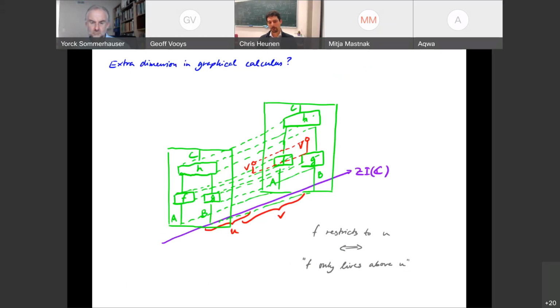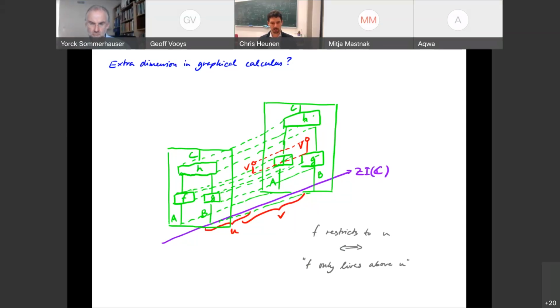So last time we talked about the graphical calculus having 1 dimension for categories, 2 dimensions for monoidal categories, 3 dimensions for braided monoidal categories. So we now figure out there's some sort of hidden extra dimension in here. If you start with the monoidal category C, that used to have 2 dimensions, right? And these are the green horizontal slices, if you like.